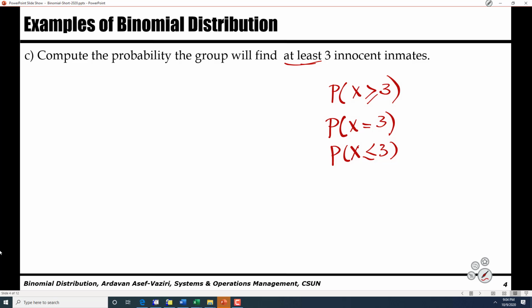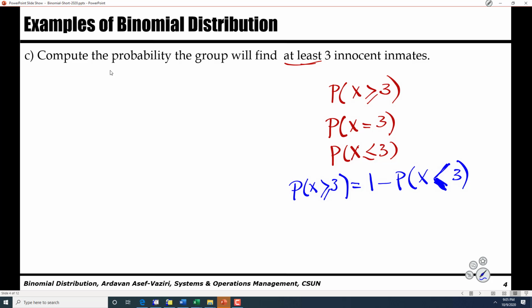But we know that the probability of x greater than or equal to 3 is equal to 1 minus the probability of x less than 3, because the two together equal 1. However, Excel does not give us the probability of x less than 3.